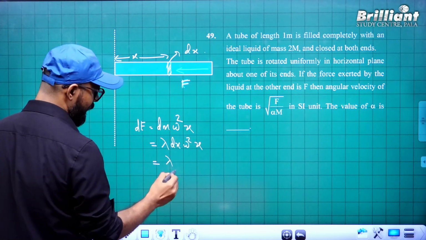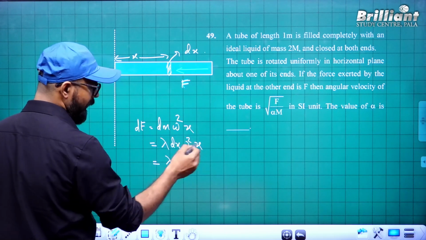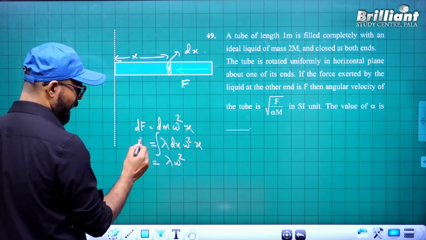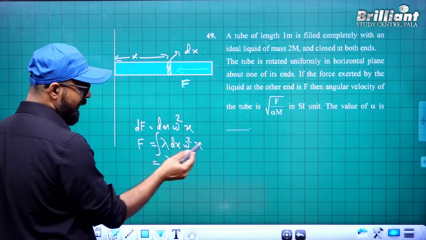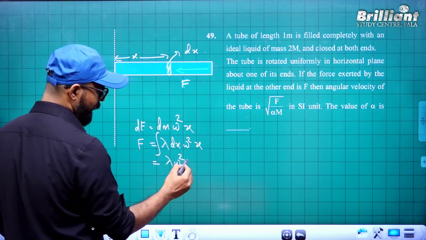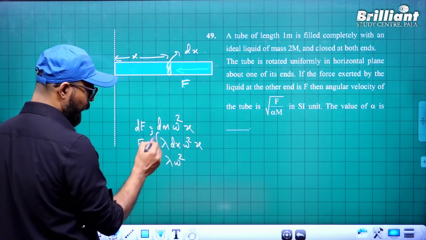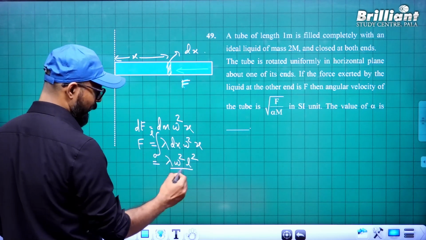So we get lambda omega square x dx. Integrating this expression to get the complete force, x dx gives x square by 2, integrated from 0 to L, so we get L square by 2.